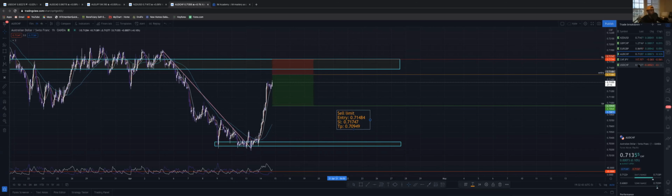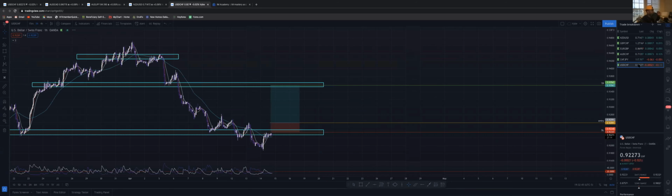The next one I'm going to go over is USDCHF, and then I'm going to go back to CHFJPY. All right, the same thing that's happening with NZDCHF is happening with USDCHF. I'm waiting for price to literally break out of this demand zone right here. I hate when some people put their entries right here, right above the demand zone, because it's going to hit it and then come right back down.